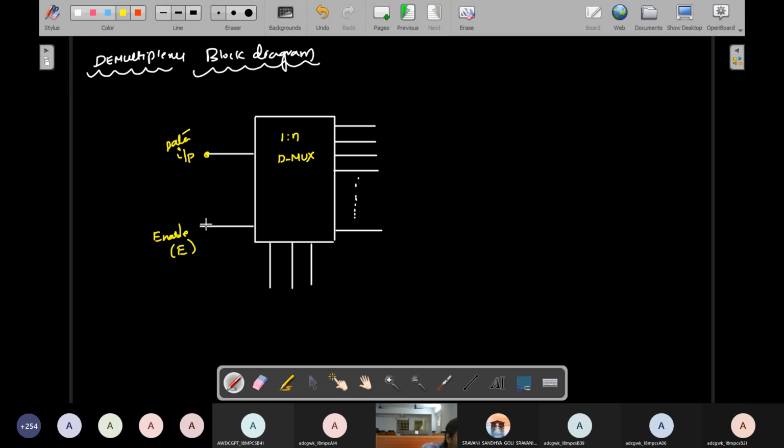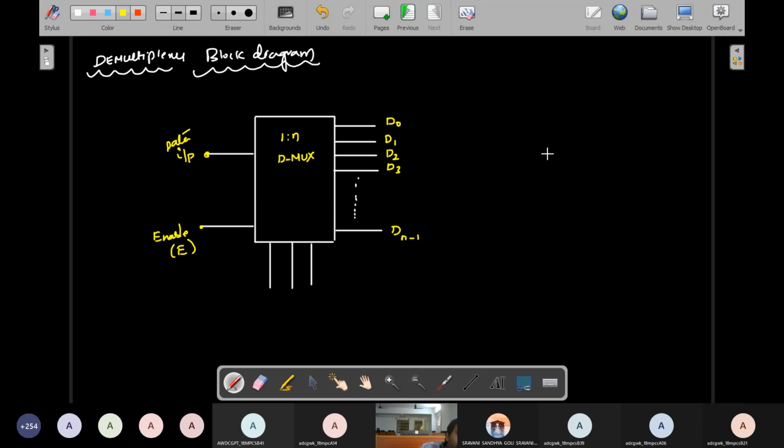Enable means operating, a power supply terminal. This is the D0 output, and this is D1, D2, D3, and so on, up to D to the power n minus 1.